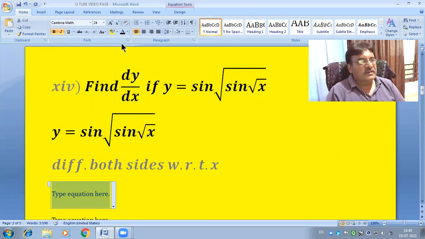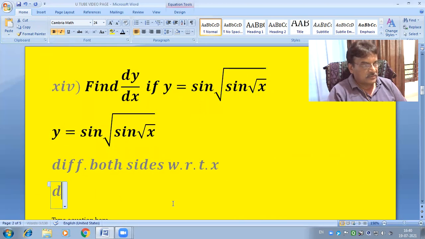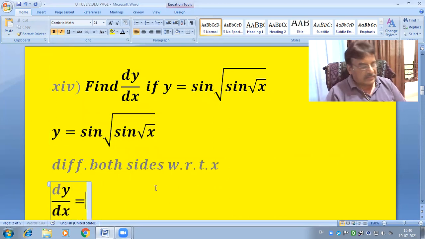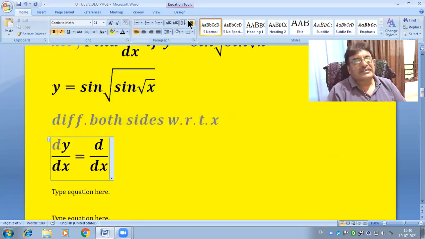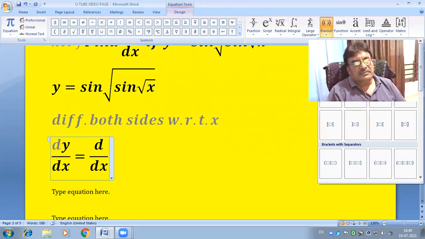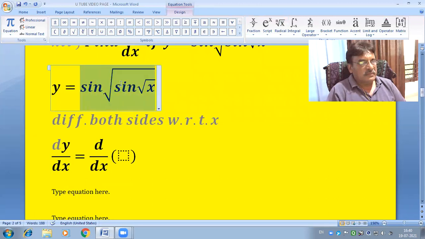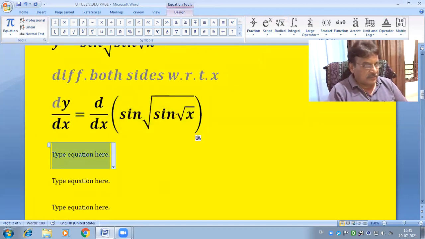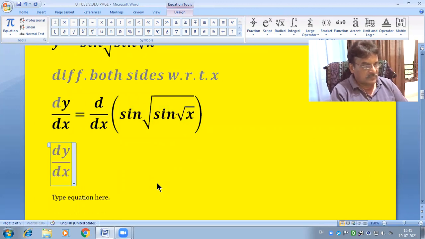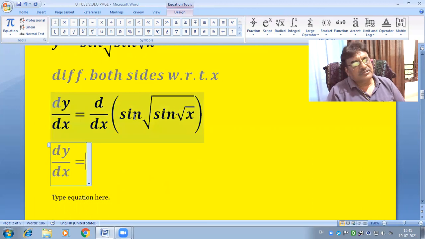Therefore, d/dx of y, that is dy/dx, is equal to d/dx of sin(√(sin √x)). So write this here. Therefore, dy/dx is equal to d/dx of sin(√(sin √x)).